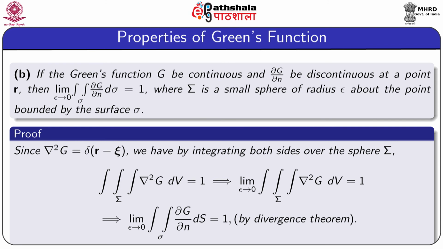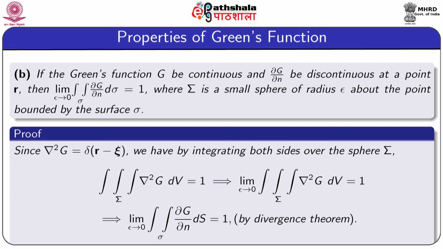Now, I want to discuss another property of Green's function, and it is said that if the Green's function G be continuous and its normal derivative del G del n be discontinuous at a point r, then limit epsilon tends to 0, integral of del G del n over the surface sigma is equal to 1.